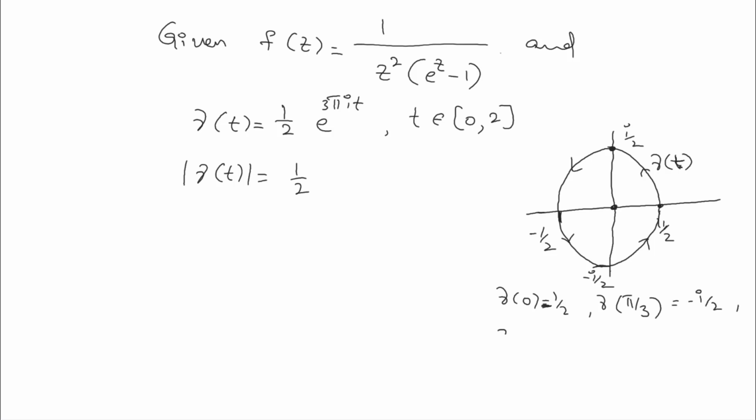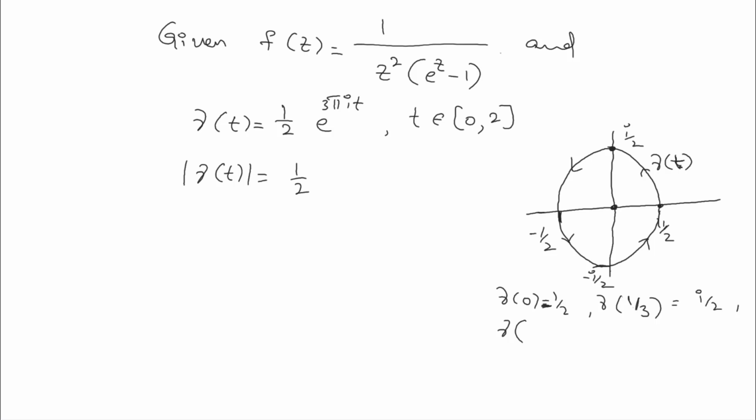Similarly, by taking the values, this is 1 by 3, not pi by 3. Earlier also I said pi by 3, I think that is 1 by 3, not pi by 3. So gamma of 1 divided by 3 is minus i by 2, plus i by 2.